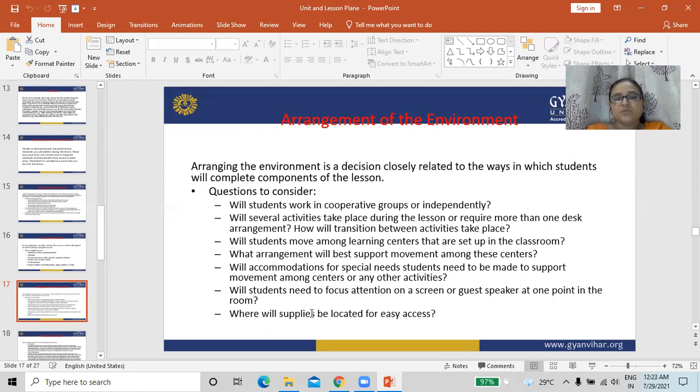Will students move among learning centers that are set up in the classroom?